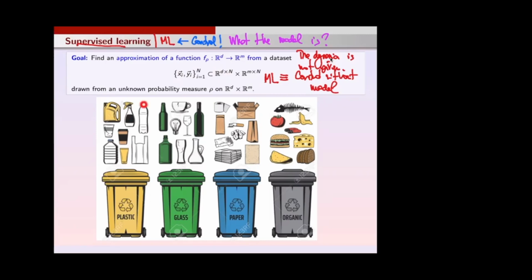Here the drawings are relatively simple, but still every drawing lives in a Euclidean space of a dimension d that is relatively high, because I have included a number of features. The shapes are not very sophisticated, but still I need to distinguish this bottle from this bag, or from this biscuit, or this hamburger, or these tomatoes, so there are different shapes. There are also different colors that are characteristic of the different items. Typically the banana is yellow, but the tomato is red.